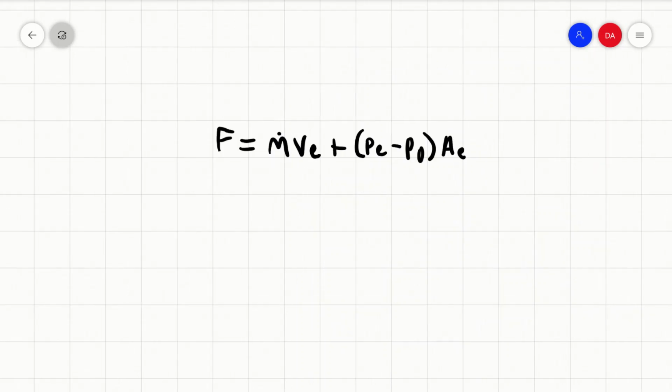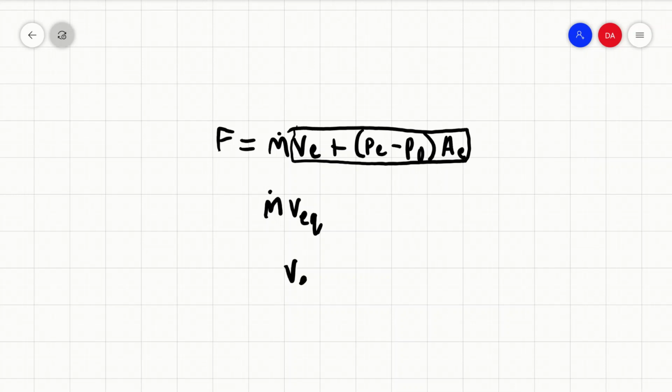So now let's simplify this equation into something a little more easy to manage, which we'll use when we're going to derive the rocket equation in a later video. We'll want to write this as m dot times a v equivalent, which just encompasses all of this.